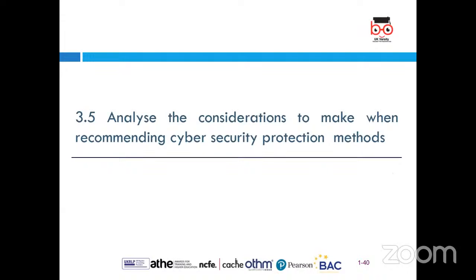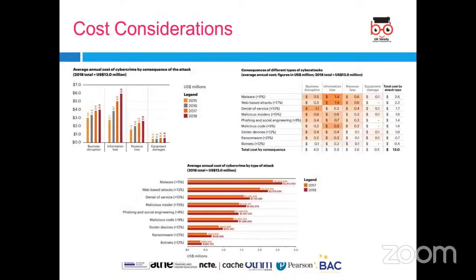Now we're going to look into our final learning outcome, where we're going to analyze the considerations to make when recommending cybersecurity protection methods. So here are some figures of cost considerations.